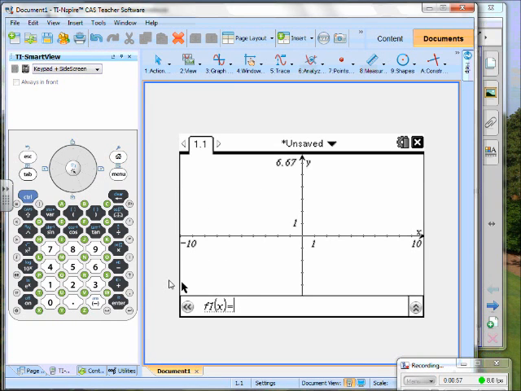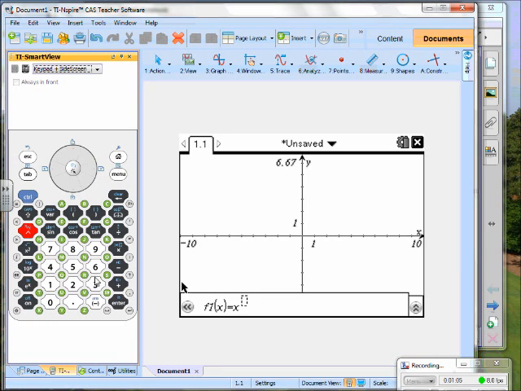I believe we had one, something similar to this: x to the third power minus 2x squared plus 5x. Now let's just stop with that.